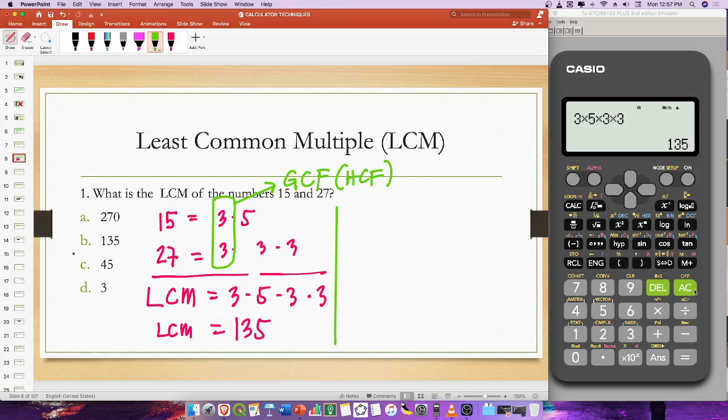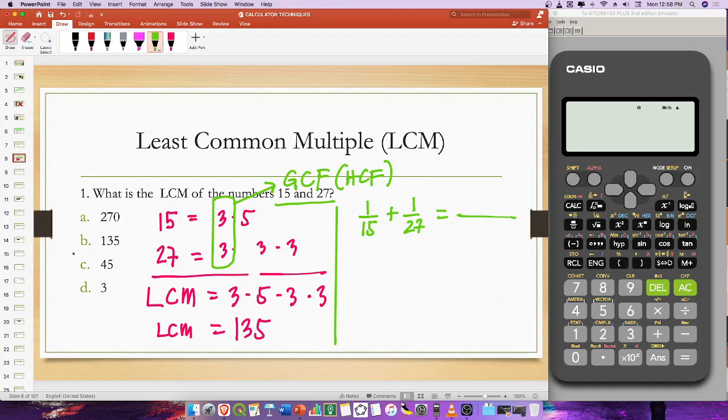I will clear this calculator first. Using the different approach, we are going to convert the two numbers into fractions by taking the sum of their reciprocals. So the sum of the reciprocals is 1 over 15 plus 1 over 27. Notice that 15 and 27 are converted to fractions.